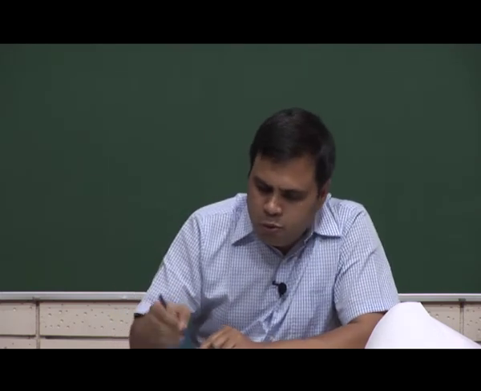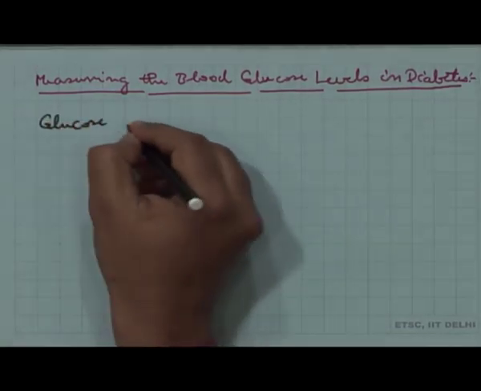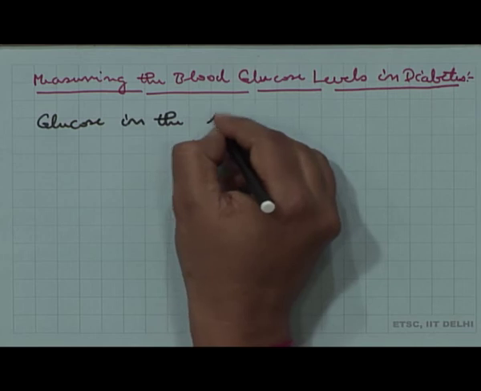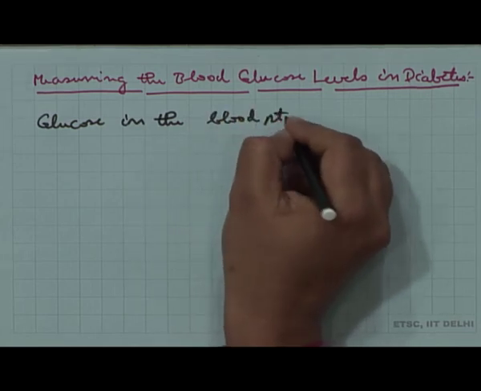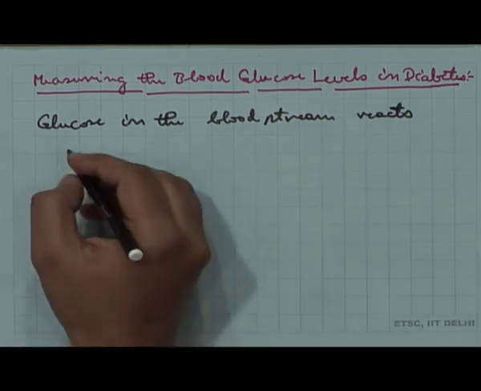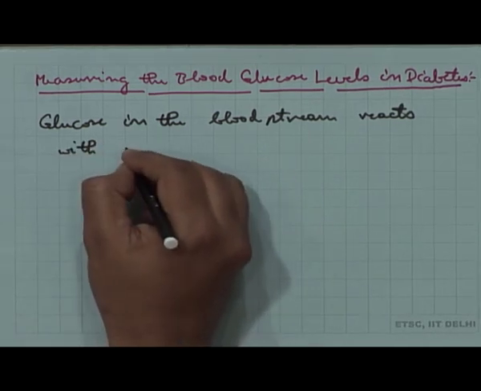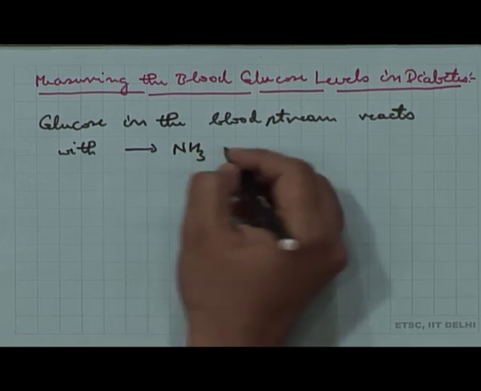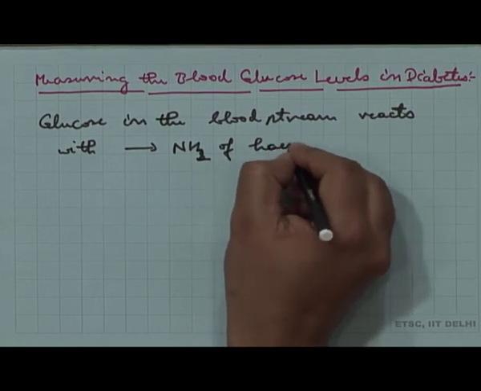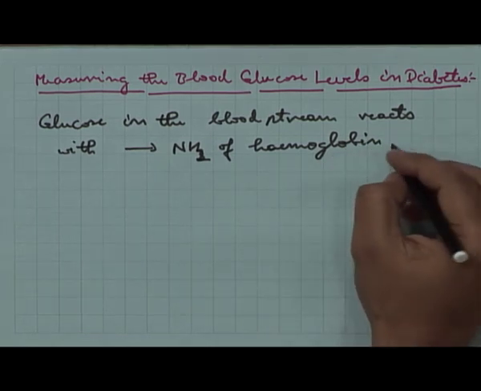So, glucose in the blood stream reacts with an amine group of the hemoglobin to form an imine.